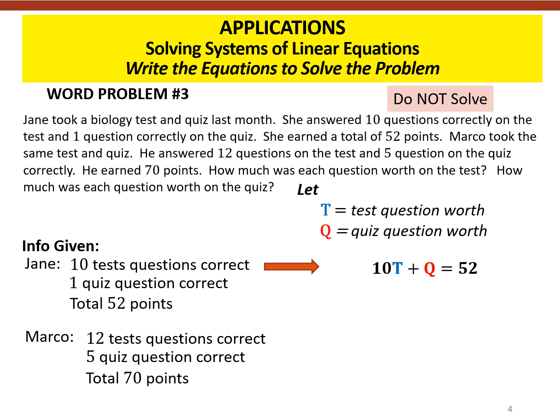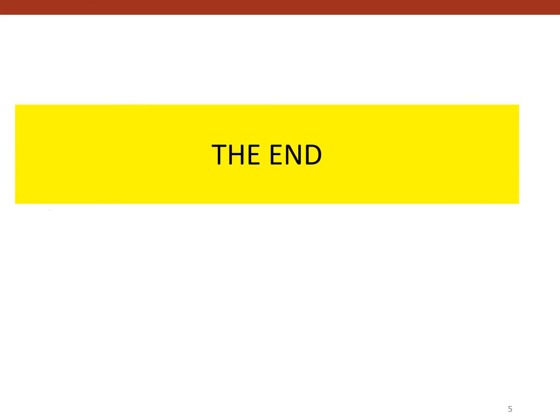So we have 10 for the test and 1 for the quiz. And together, she got 52 points. Now, for Marco, he's got 12 test questions correct and 5 quiz questions correct, and he got a total of 70 points. And you have your 2 equations, and you are done. This is the end of this video.